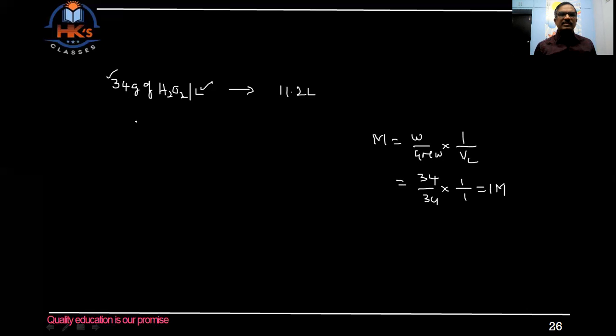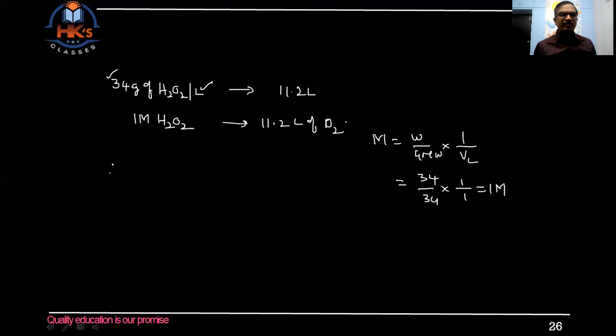So from this, we can understand that if you take 1 molar H2O2 solution, we will get 11.2 liters of oxygen gas. From this, we can conclude that if I take a 1 molar solution of hydrogen peroxide, its volume strength is 11.2 liters.